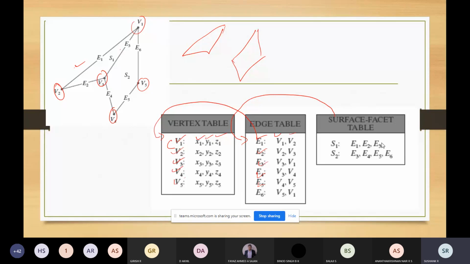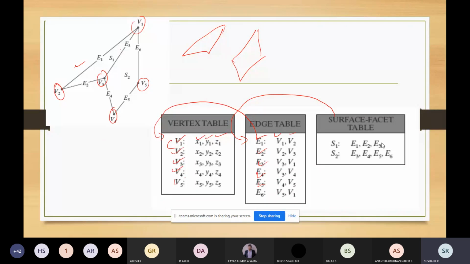Instead of the edge table, you can use only the vertex table and the surface table, but you can see that edge E3 is being drawn twice because edge E3 is repeated twice. So some edges could get drawn twice in the wireframe display.